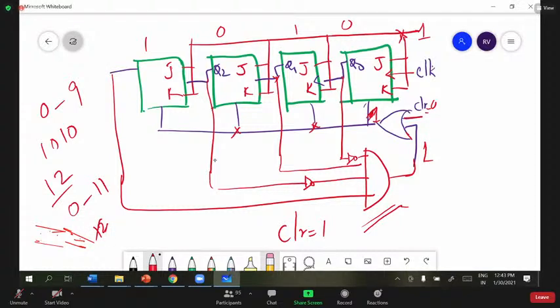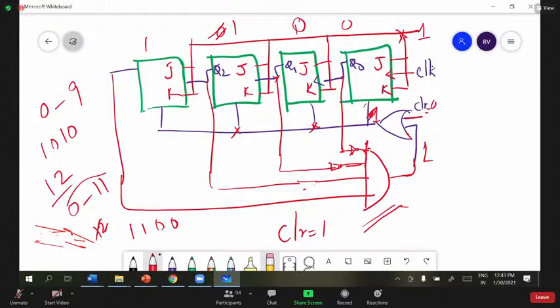What is 12? 1100. So directly I can connect these two 1s, and the 0s are inverted with NOT gates and connected. So this is 1, this is 0 0, and this is the circuit.